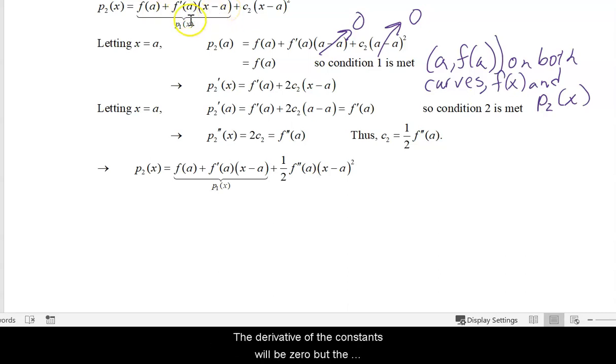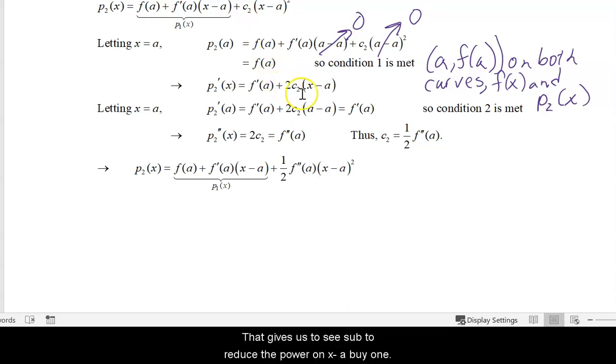The derivative of the constants will be 0, but the derivative of the slope times x will just be the slope, or f prime of a, that you see here. For the last term in P sub 2 of x, we need to take the derivative of the quadratic term. This requires the chain rule. Remember to pull the 2 to the front to multiply by the coefficient constant C sub 2.